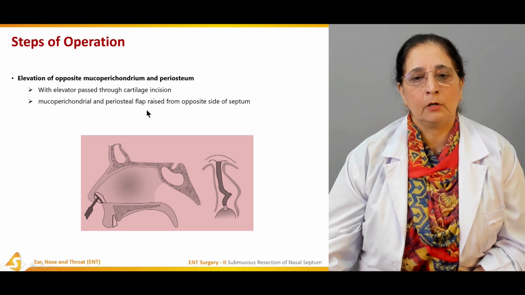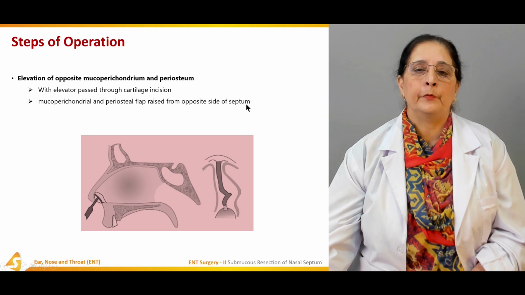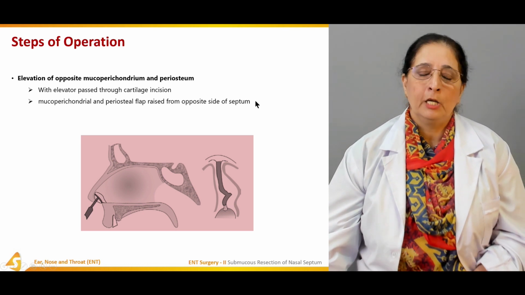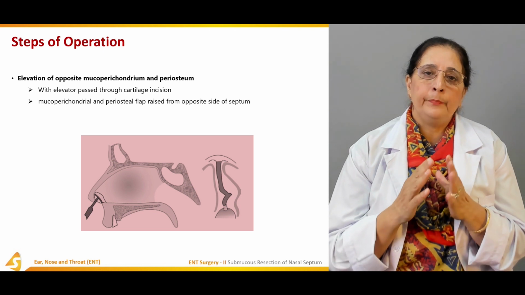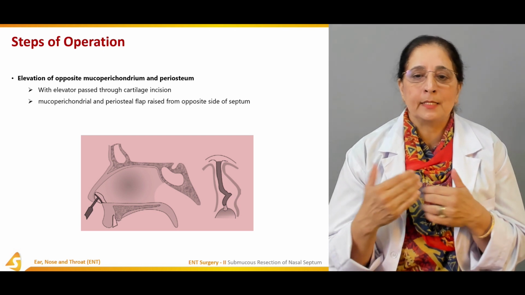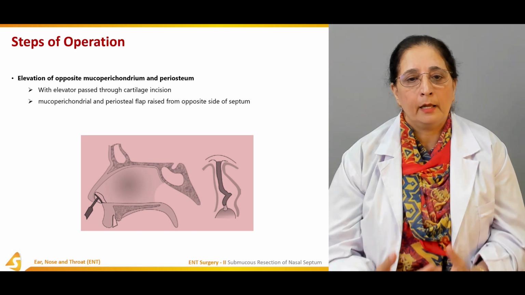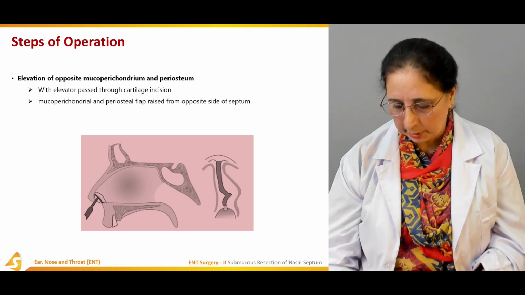The mucoperichondrial and periosteal flap is raised from the opposite side of the septum.